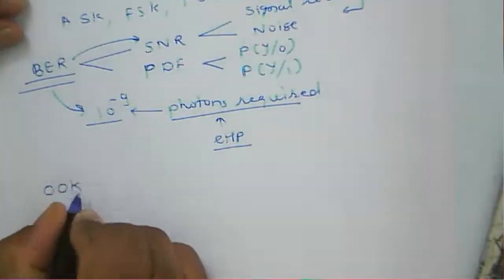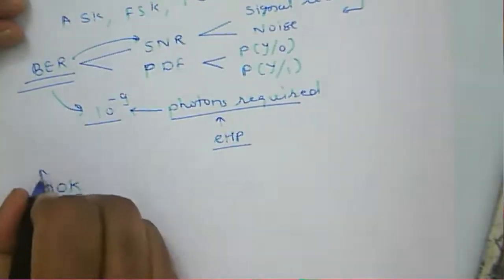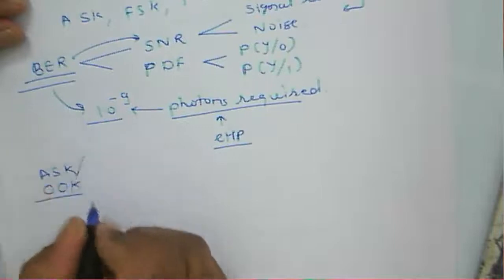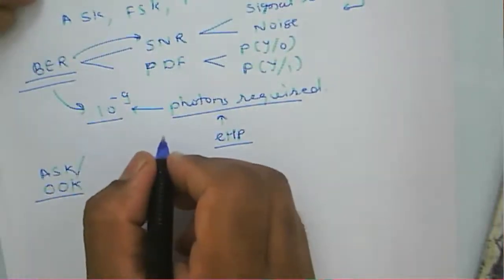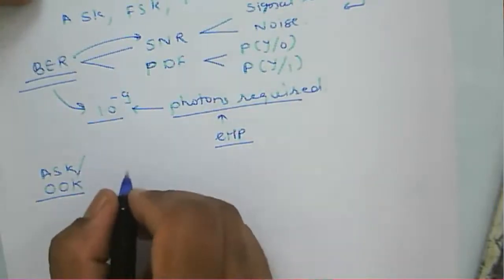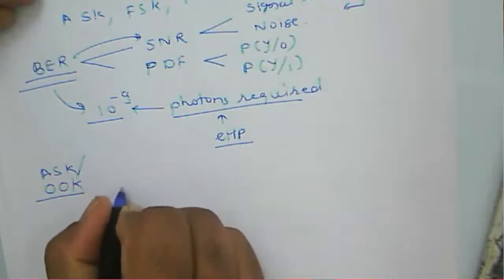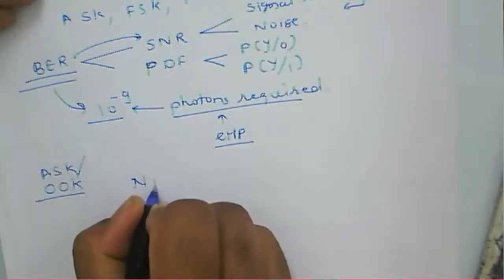Now we can talk about it. Suppose we have amplitude shift keying or on-off keying technique. In that case, what will be the average number of photons per bit required for unity quantum efficiency?